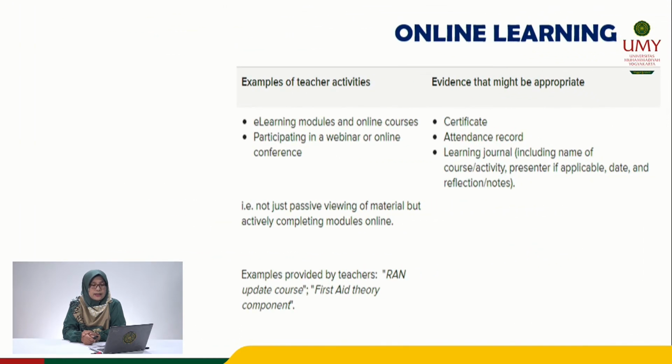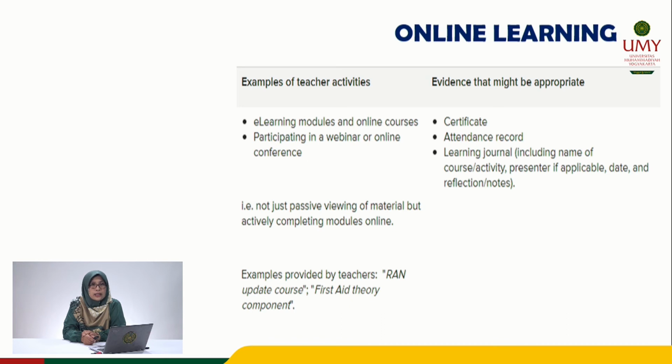Next, online learning. Online learning is also regarded as one type of professional learning that can be done by a teacher. What are the examples of online learning? These are the examples of this activity: e-learning modules or online courses, or participating in a webinar or online conference, or applying for a grant from the university or from the higher degree.